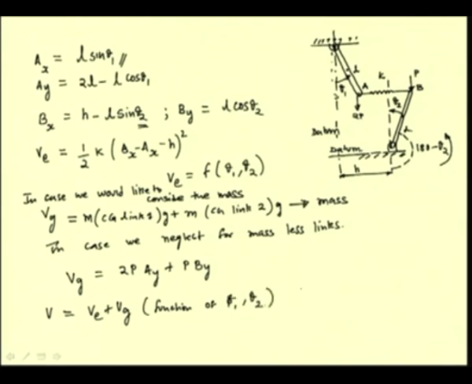So, for equilibrium, dou V by dou theta 1 has to be 0 and dou V by dou theta 2 has to be 0, which implies that theta 1 is 0 and theta 2 is 0.